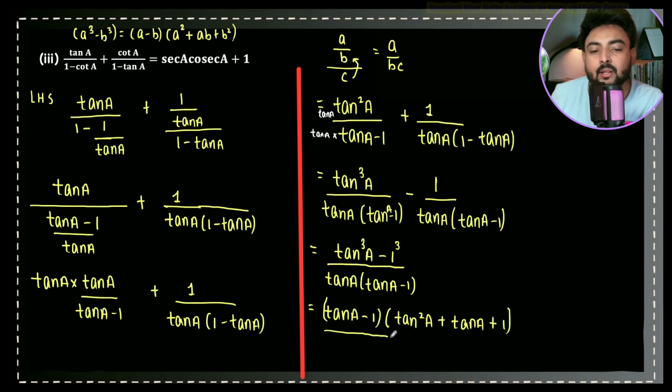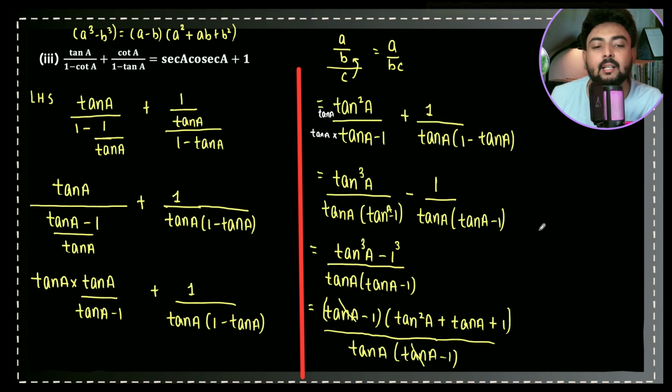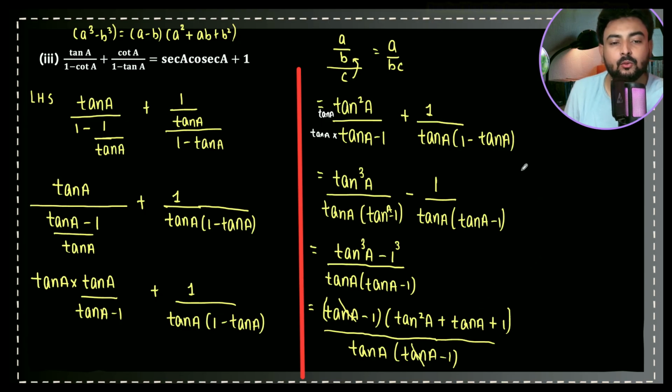And the denominator I have, that is tan a into tan a minus 1. So can I say here tan a minus 1 is in the numerator also and in the denominator also, both will get cancelled. So we have now, I'll draw one more line here.